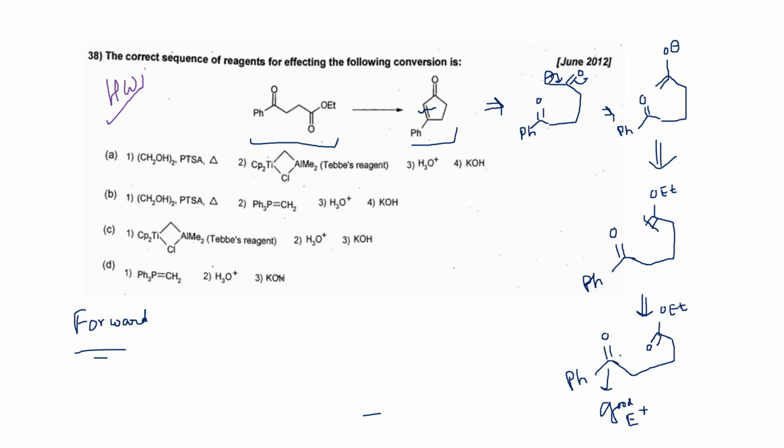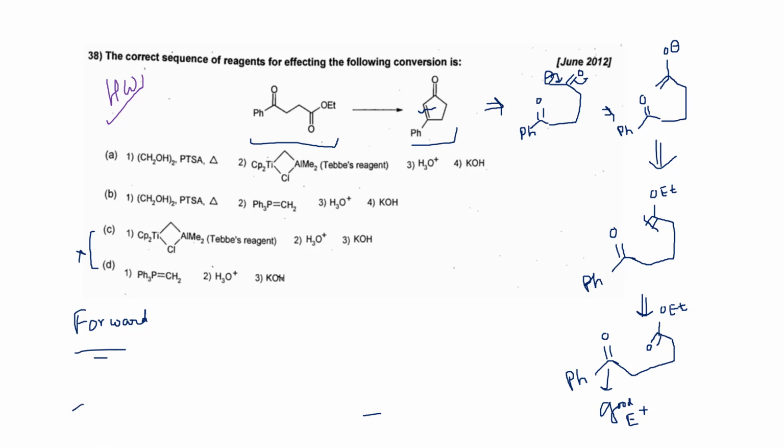How can we protect that? By using ethylene glycol. So in the first step we will use ethylene glycol. So these two options are cut already. We have to use ethylene glycol, so the correct option will be between A and B. So we have to protect this with ethylene glycol.